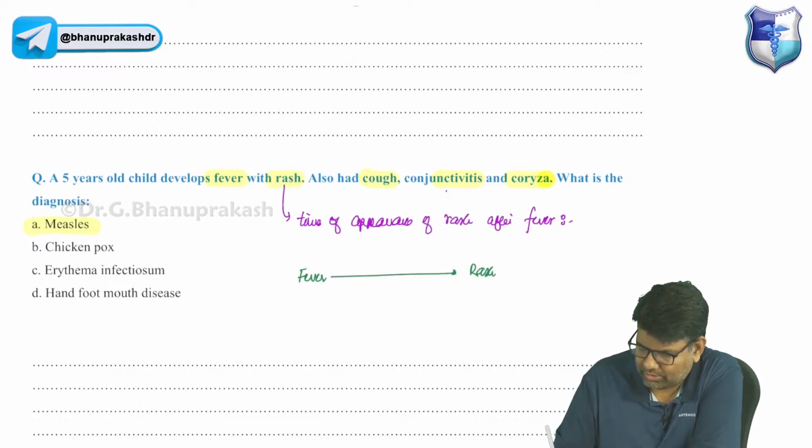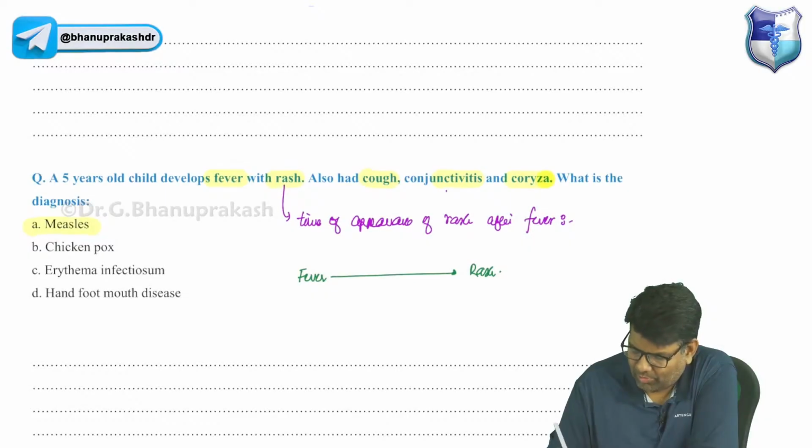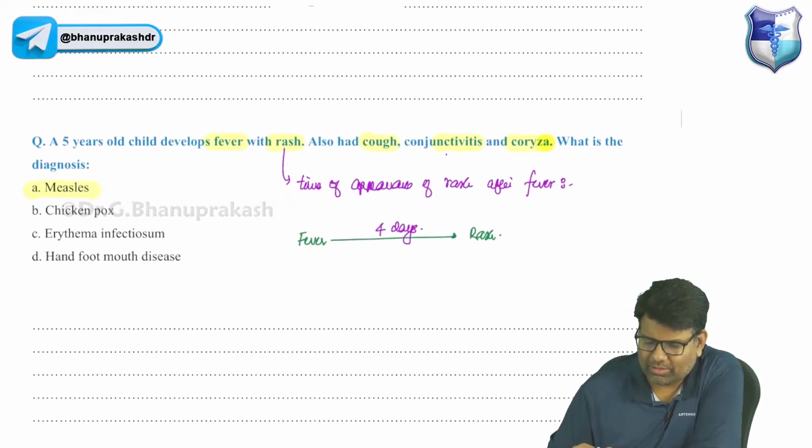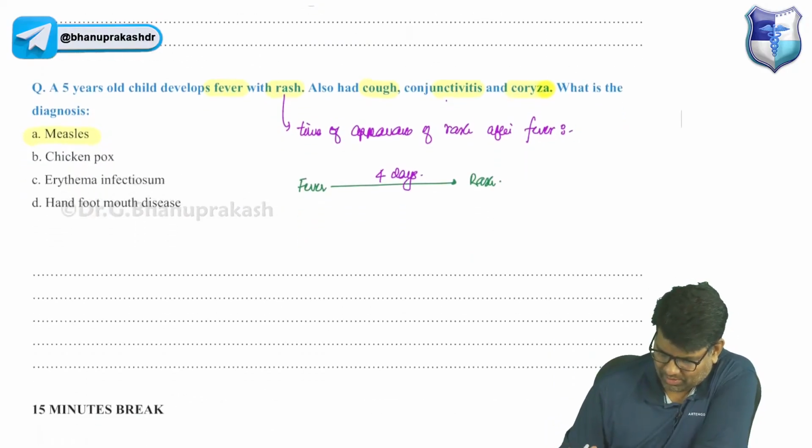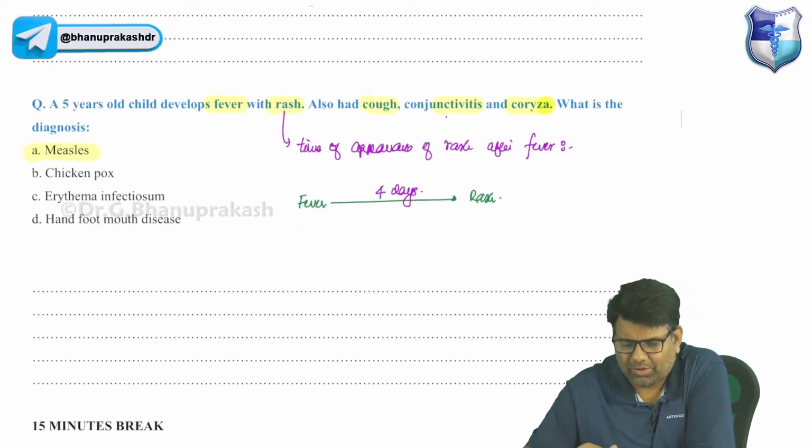How many days gap between fever and rash? Okay. Max 4 days. So this ends the pediatric part.